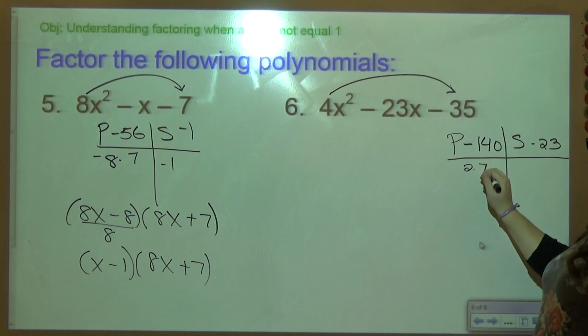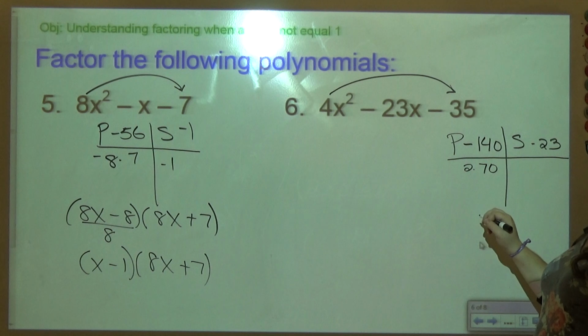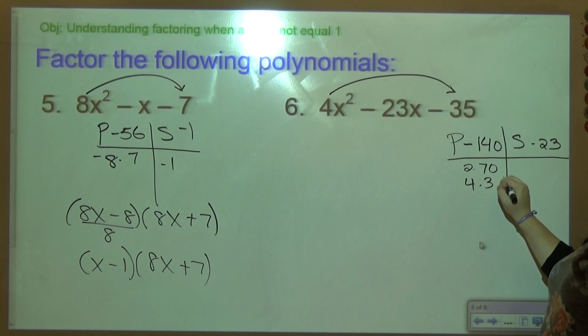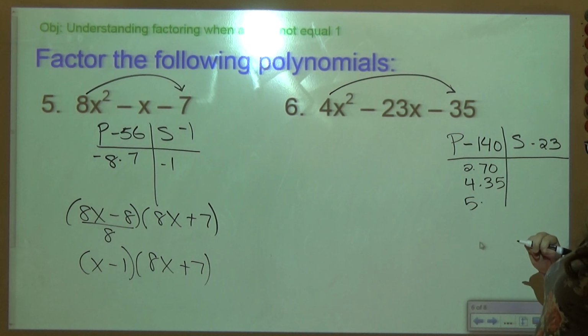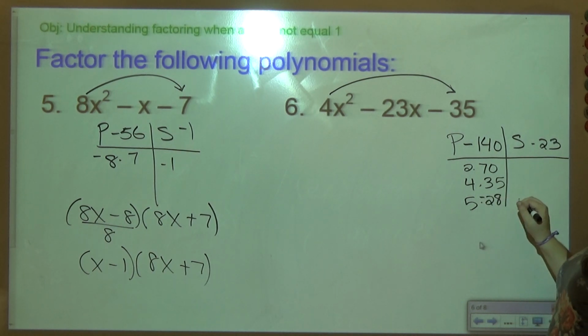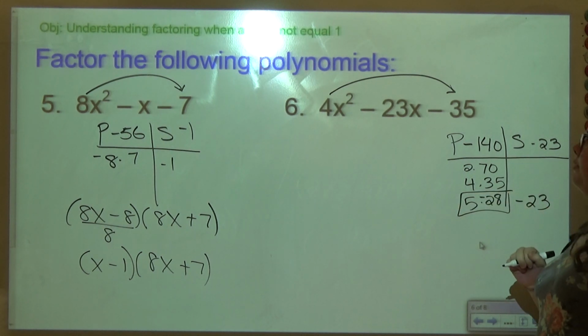Let's see, 2 times 70. 3 doesn't work. 4 times 35. 5 times 28. That's it. I have a 28. Now since it's a negative 35, those are my two numbers.